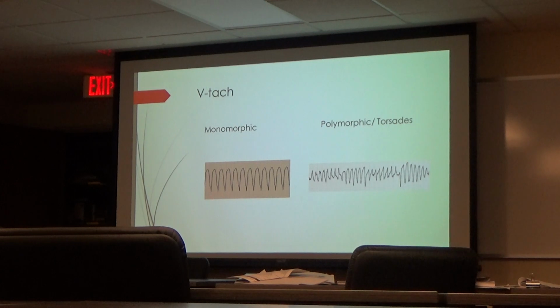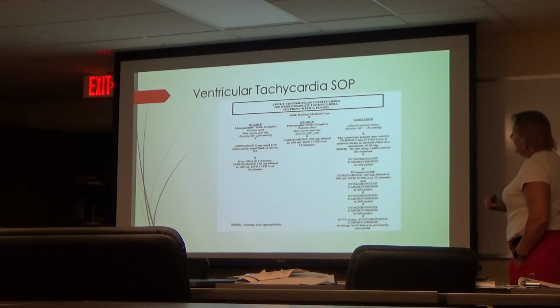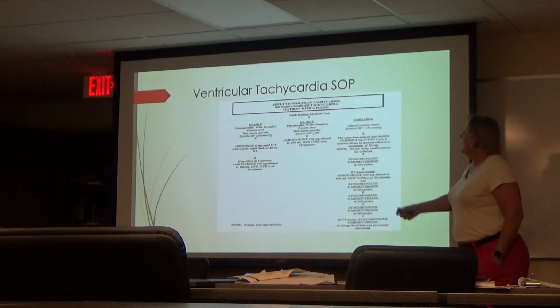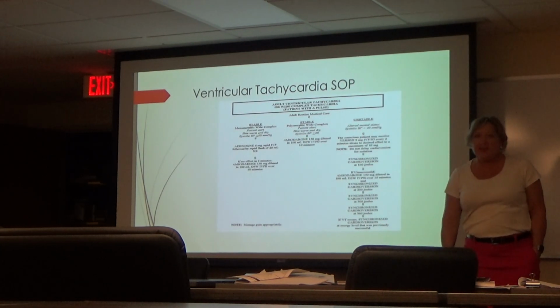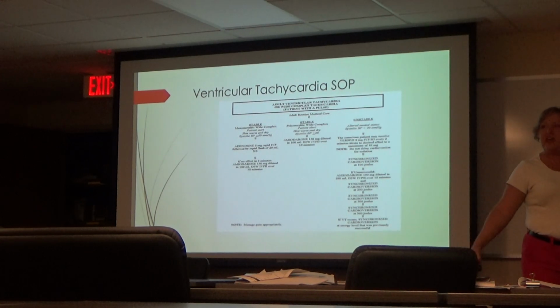Now we come to our wide-complex tachycardias. I don't know how many of you guys actually realized in our last protocol book that we had a very big error in it, and that was with our polymorphic wide-complex tachycardia. Polymorphic wide-complex tachycardia is otherwise known as Torsades. In the protocol there is stable polymorphic wide-complex tachycardia, which you're not going to have happen.